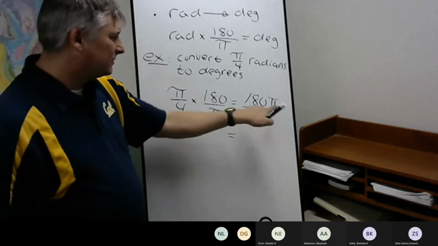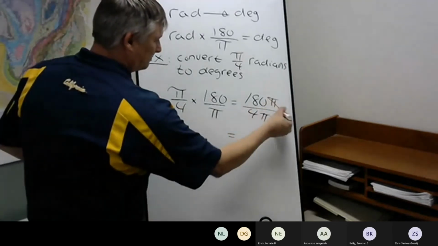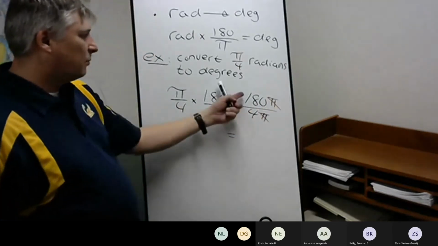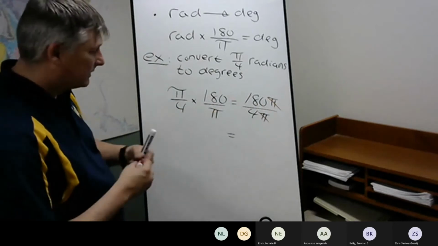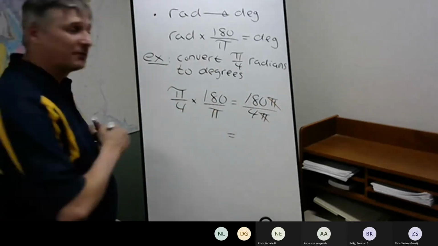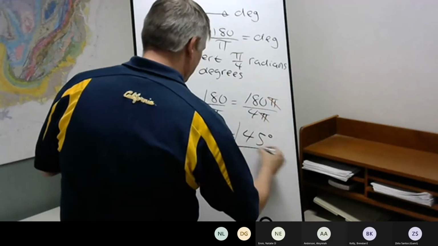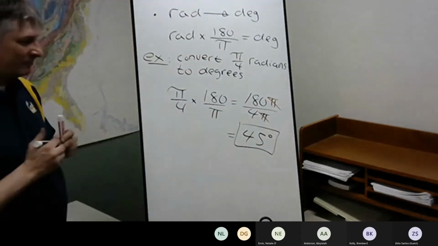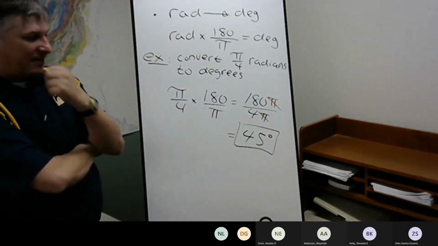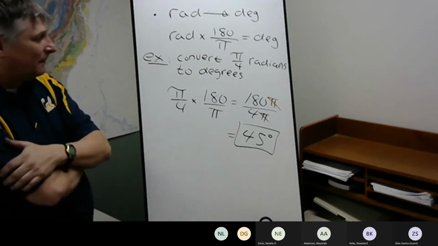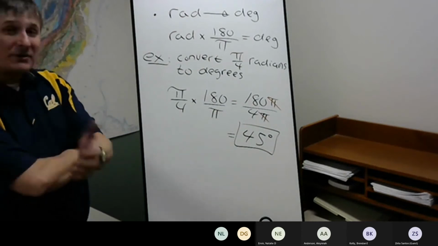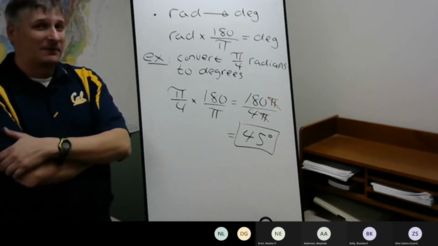Our pi's are going to cancel. We're left with 180 divided by 4, and that happens to be 45 degrees. And that's going to be your answer. Questions about that?